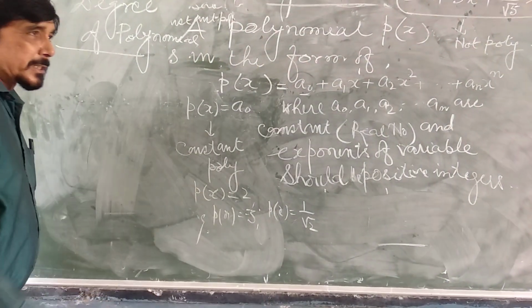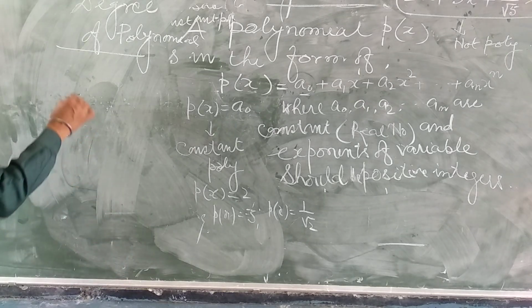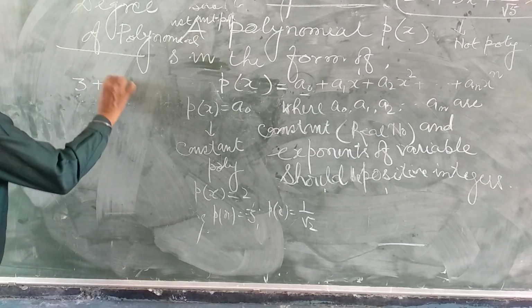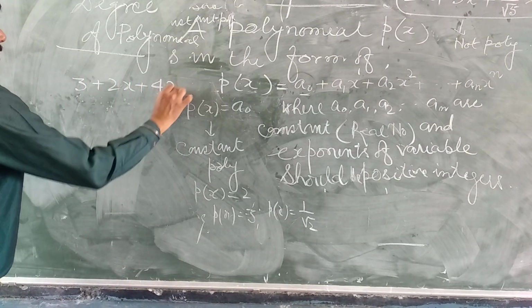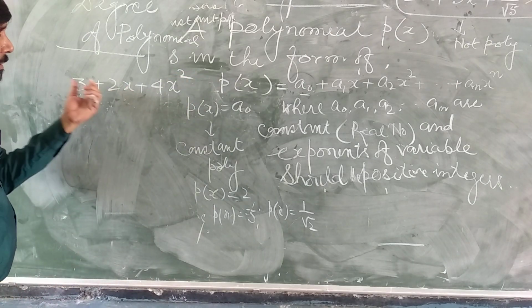Example: the highest power of the variable of a given polynomial is called the degree of polynomial. Now we are writing 3 plus 2x plus 4x square. That is a polynomial.